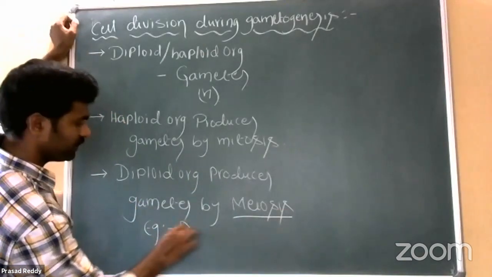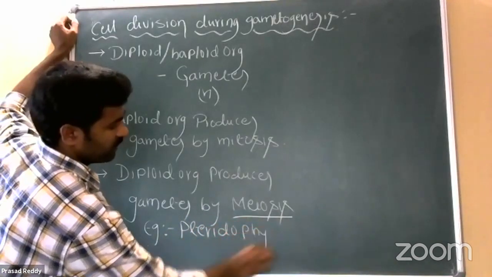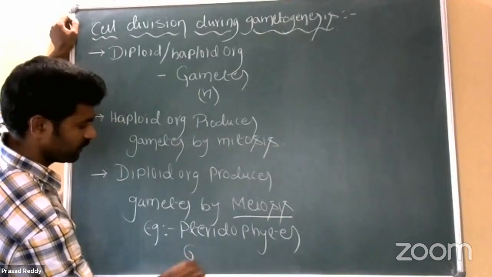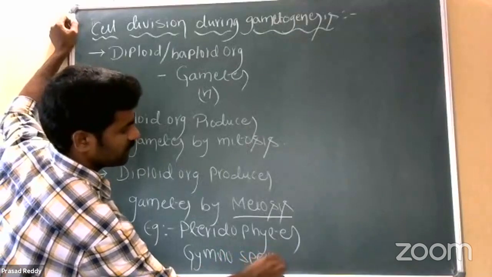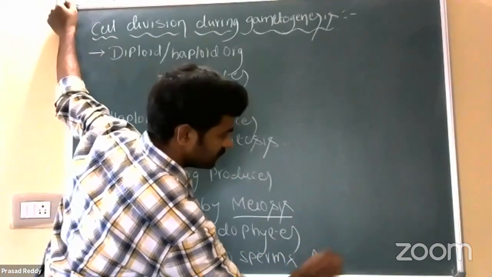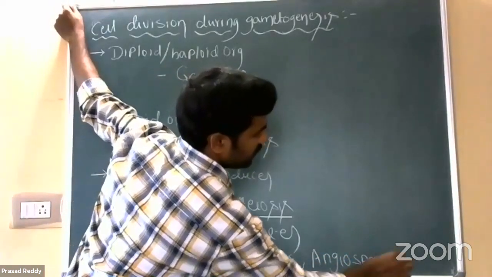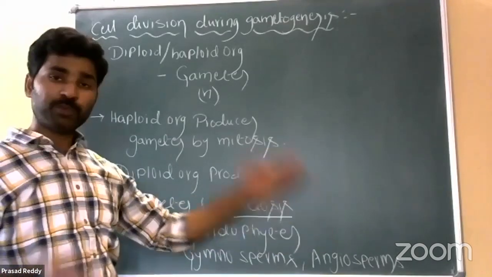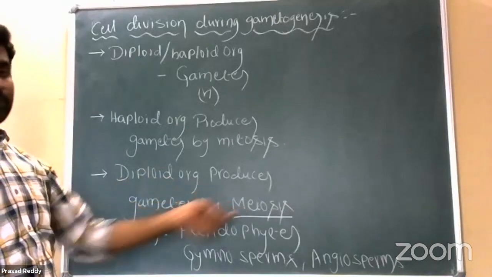Pteridophytes, then gymnosperms, then angiosperms also, and human beings also. So pteridophytes, gymnosperms, angiosperms, and human beings produce haploid gametes by meiosis division.